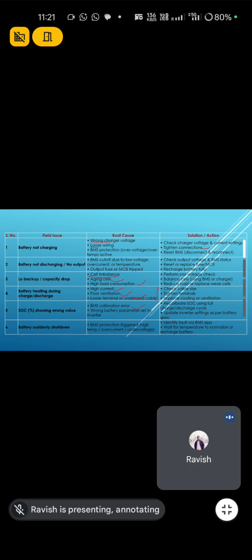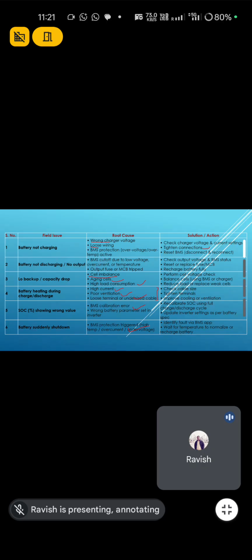Okay, the next one is the battery suddenly shutting down. This issue happens due to the BMS protection triggered: high temperature, over current, or under voltage. If there is an over current, then your battery suddenly shuts down, or maybe an MCB trip.